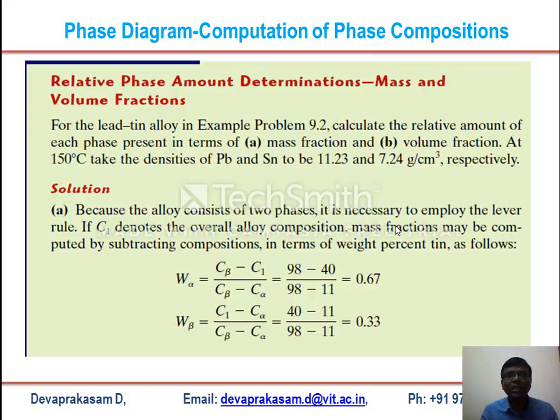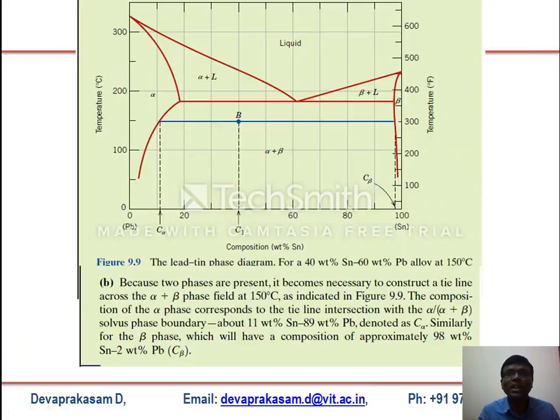So if you apply it to find out the mass fraction, it is the inverse lever rule, as I said. Now what you have to do, go back to that. You want to find out the weight fraction, the mass fraction of the alpha phase. What you have to do is find out this length, which is C beta minus C1.